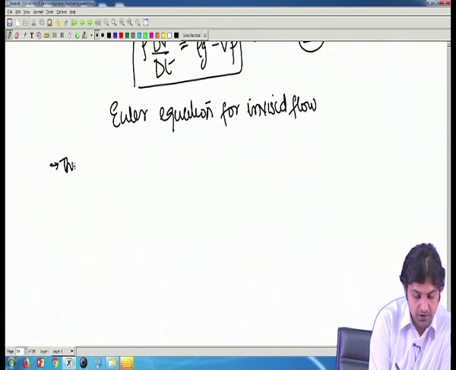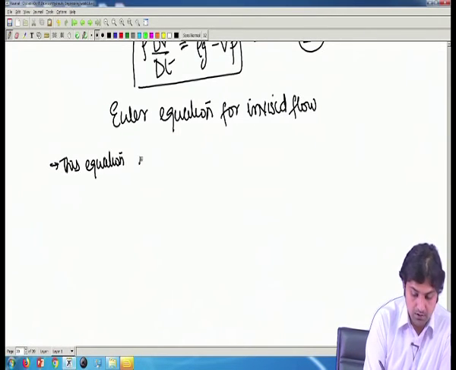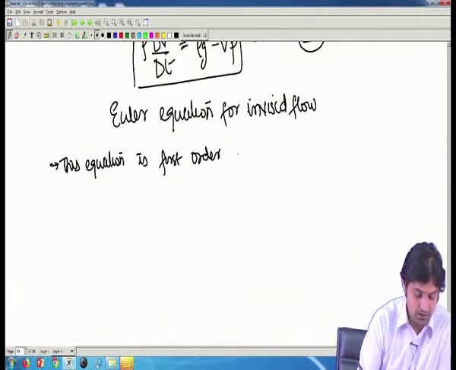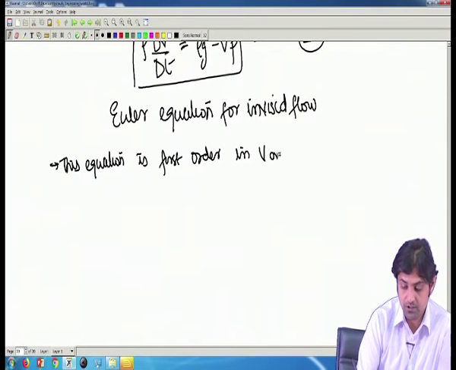So, this equation is first order in velocity and pressure.